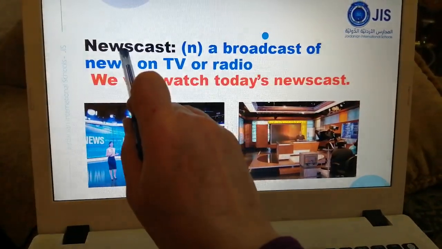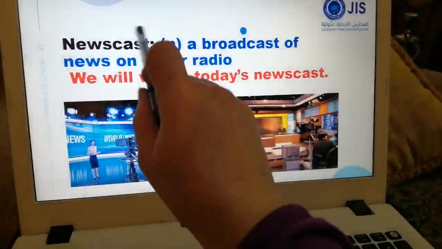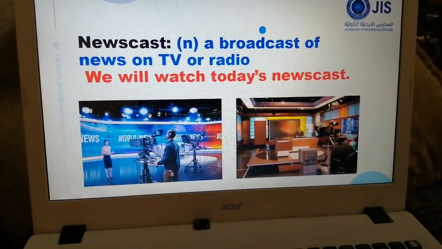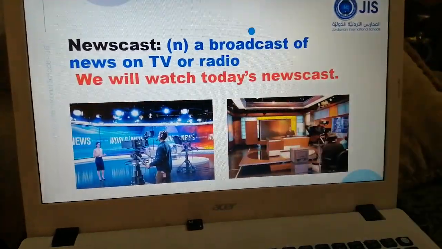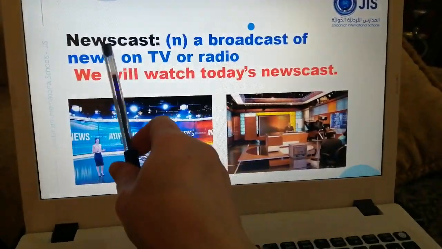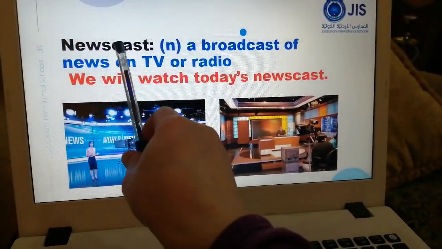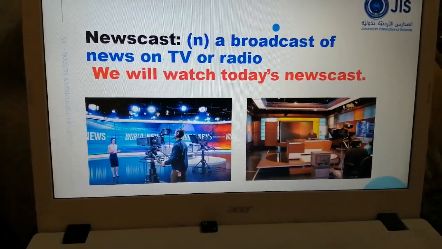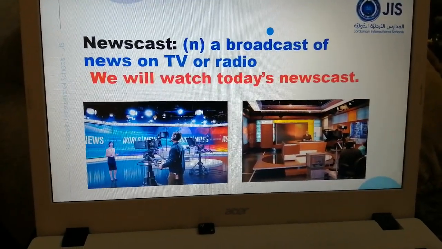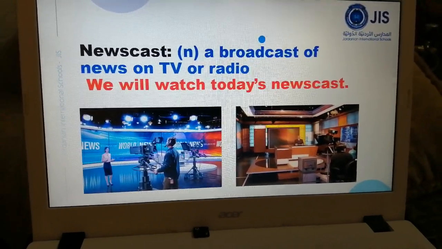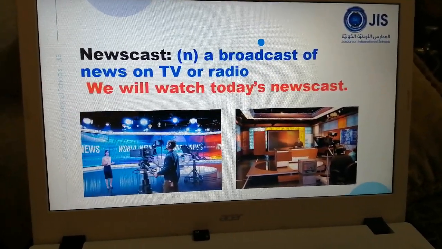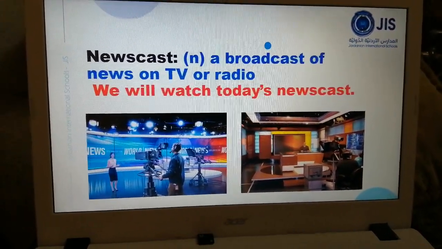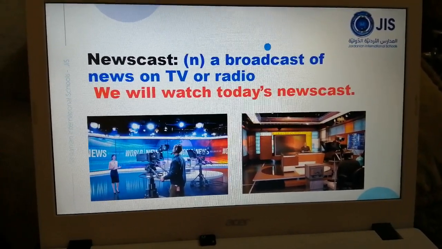Newscast. News with cast together, it will give me one new meaning, which is a broadcast of news on TV or radio, and it's a noun. So news with cast together will give me a new closed compound word, and it means the broadcast of news on TV or radio, which means the news that you watch on TV or hear on the radio, we call it newscast, and it's a noun.